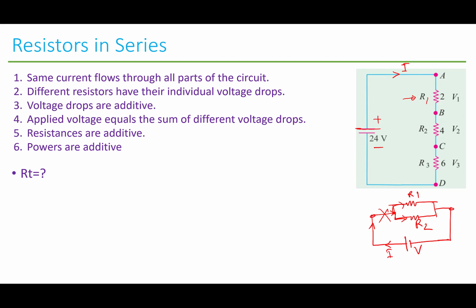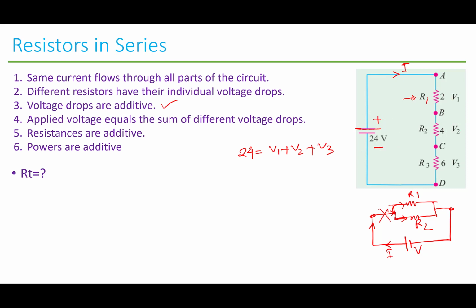That means every independent resistor has its independent voltage drop, and these voltage drops are also additive, which means this 24 volts is equal to V1 plus V2 plus V3. Applied voltage equals the sum of different voltage drops. Okay, so this applied voltage is the sum of this one, and this one.